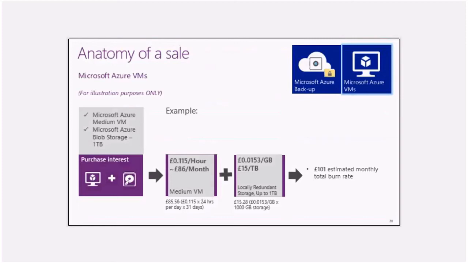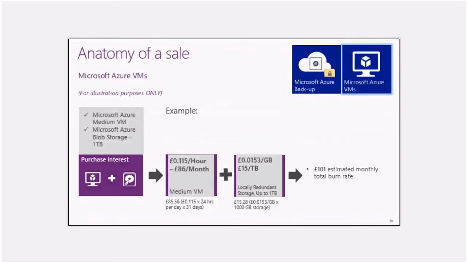That virtual machine, the medium virtual machine, is 11.5p an hour, £86 a month for 24/7 usage. But as with all these things, they're billed per minute, so we just put in hours a month to make it easier for you to calculate the cost for budgetary reasons, but you only actually get billed for per minute usage.